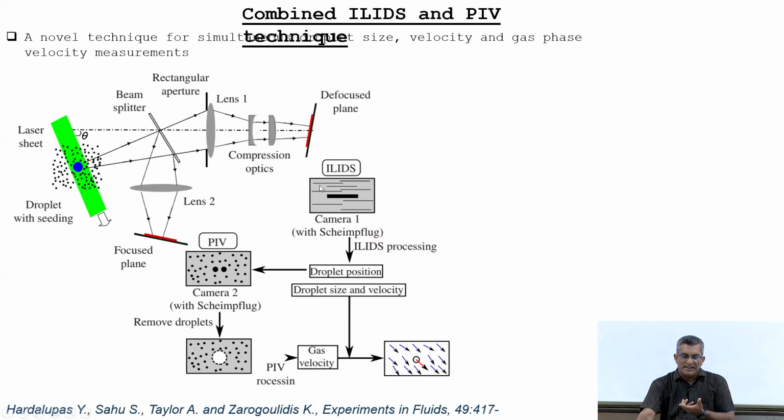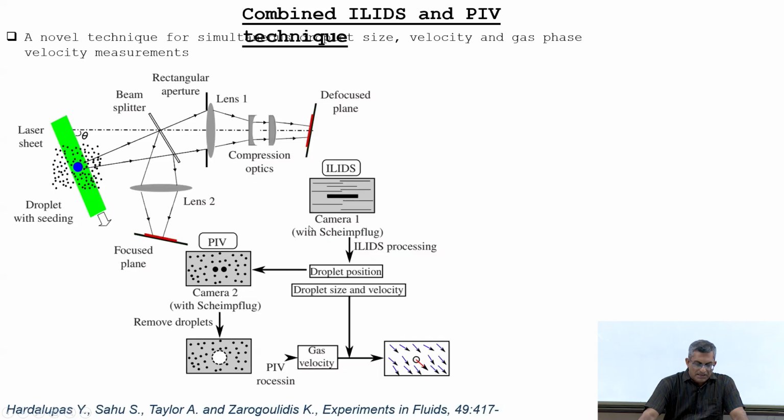So, in the ILIDS image, it is easier to identify the fringe patterns because the seeding particles do not produce any fringe pattern. Only the droplet would produce the fringe pattern. So, now you process the ILIDS image and you get particle size, particle velocity, or droplet size and droplet velocity in this case.